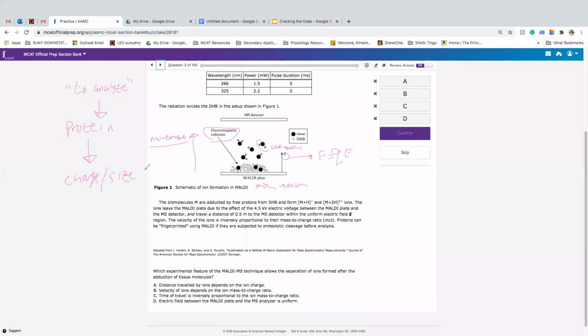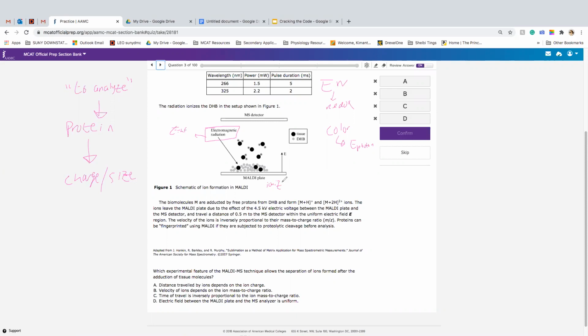So would it surprise you to find out that the goal of this experiment was to set up a situation in which all the things that we talked about come together? Remember initially we started thinking about electronegativity and some stuff about redox, and then all that stuff we talked about comes together. Remember when we talked about colors and the energy of a photon? This is where it comes together, because in this experiment they were going to use electromagnetic radiation, that's E equals hf, in order to ionize that DHB.